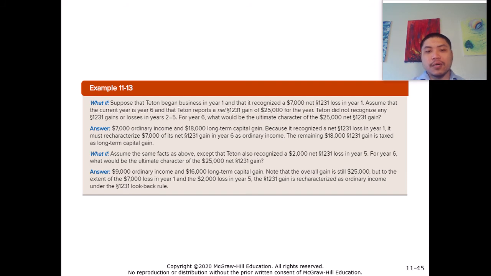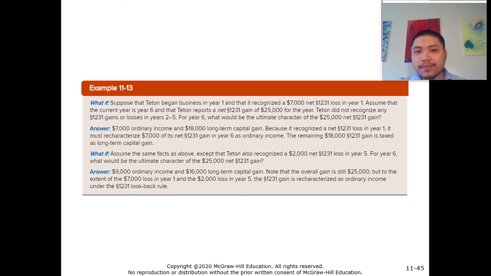So now we have to recharacterize $9,000 of the $25,000 here as ordinary income, and then the remaining $16,000 is going to be treated as Section 1231 gain, which is going to be taxed at the preferential rate, right? As I say, it's pretty straightforward.